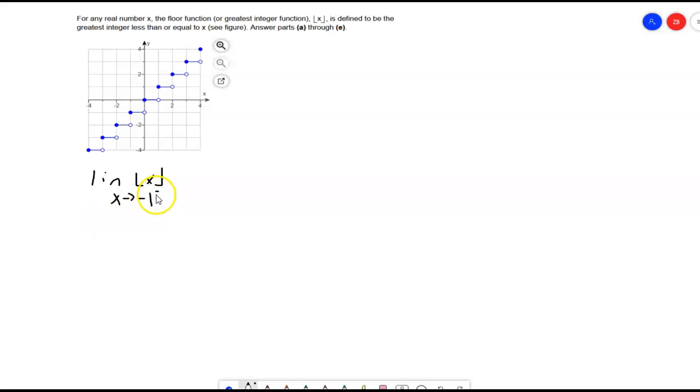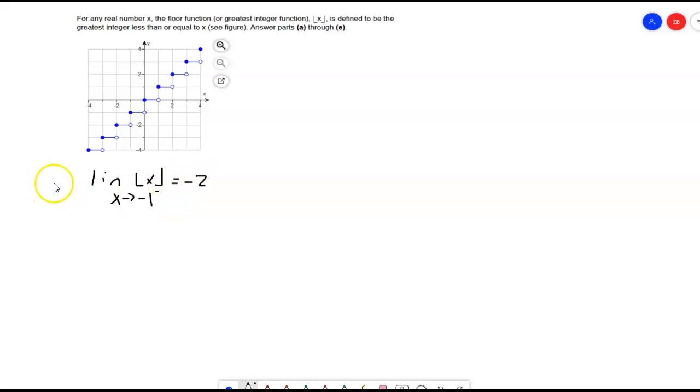They put a little minus in the upper right when they say it's from the left. So let's go to the x value of -1, which is right here, and we're approaching from the left-hand side. From the left, it looks like it's approaching the y value of -2. Remember, we're just seeing which y value it's approaching. So from the left, it's approaching the y value of -2, so this would be equal to -2.